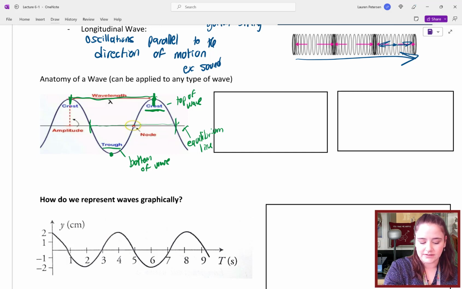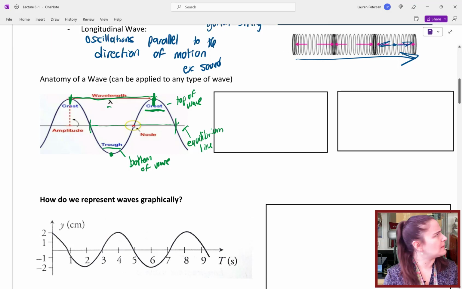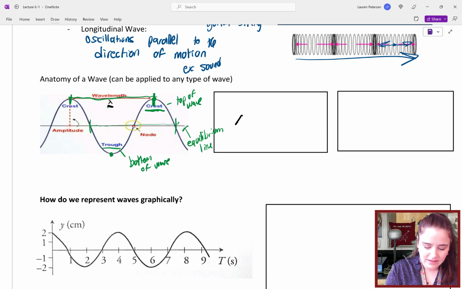One trough and one crest will give you the wavelength, for which we use the symbol lowercase lambda. The equation as it is on your equation sheet is that the wavelength of a wave equals its speed divided by its frequency, λ = v/f.